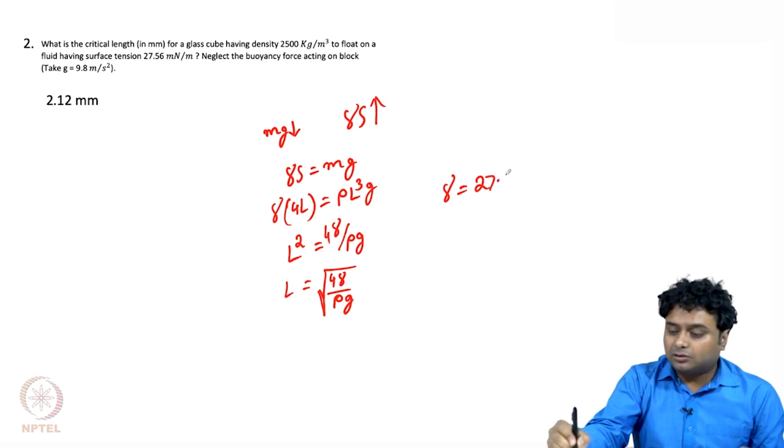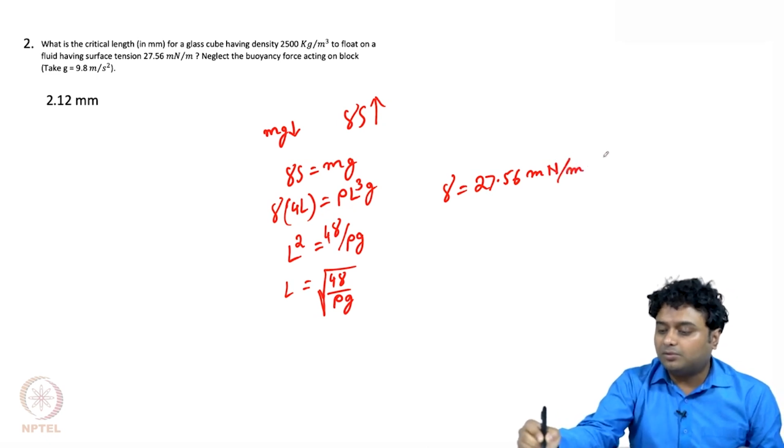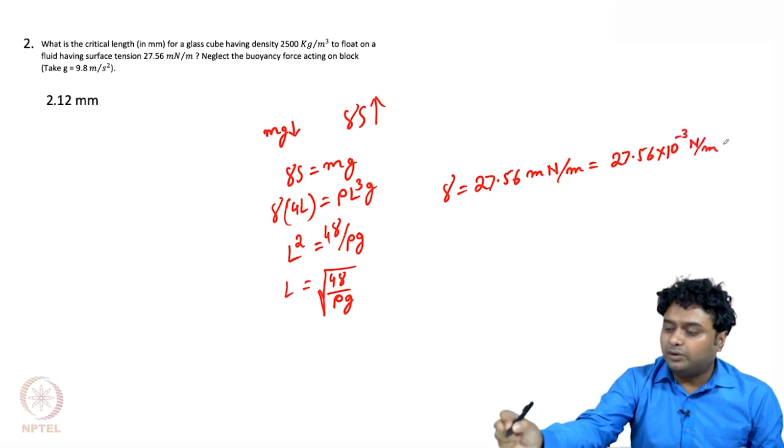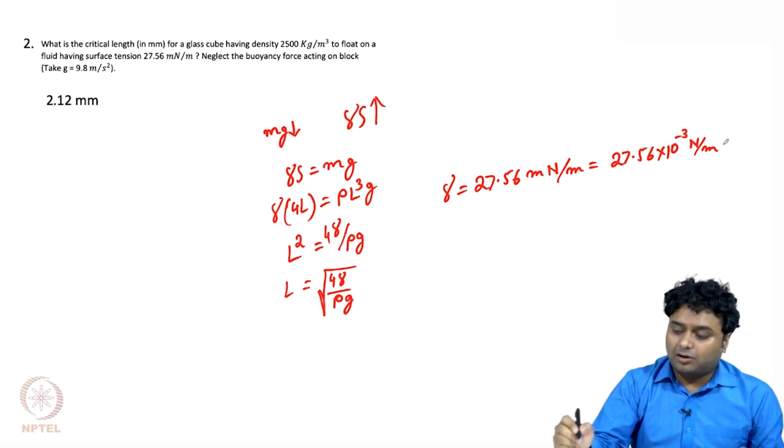27.56, right? Here you have to be very careful with the units. This is for 27.56 millinewton per meter. That means it is 27.56 into 10 to the power minus 3 Newton per meter. So everything we are doing in SI units, so accordingly we need to convert all the values into one kind of unit.